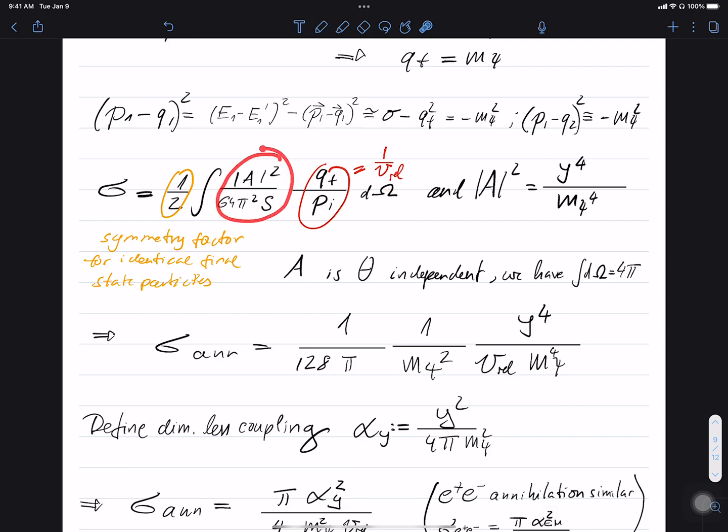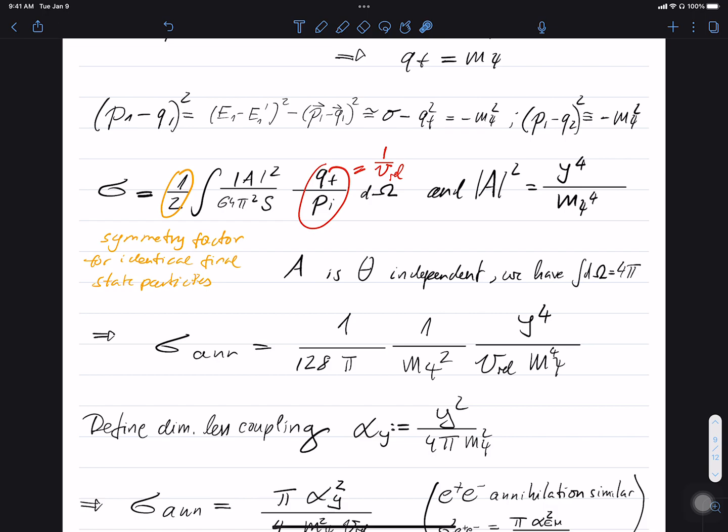We get the usual terms here, and we have to include a factor of 1/2, which avoids double counting for identical particles. This is a rule: if we have two identical particles in the final state, or three, or any number of identical particles in the final state, we have to divide by this number. Otherwise, the phase space integrals would lead to double counting.